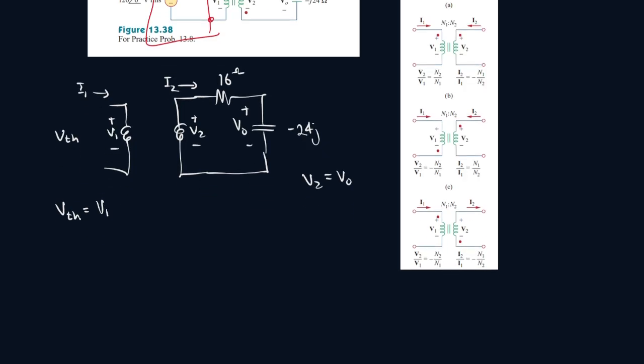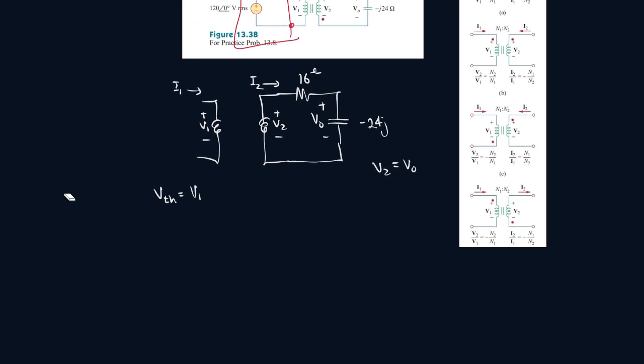Okay, so now let's find Z Thevenin, and it's pretty much supposed to be V1 over I1, and we know V2 over V1 is equal to the turns ratio, and I1 over I2 is also equal to the turns ratio.